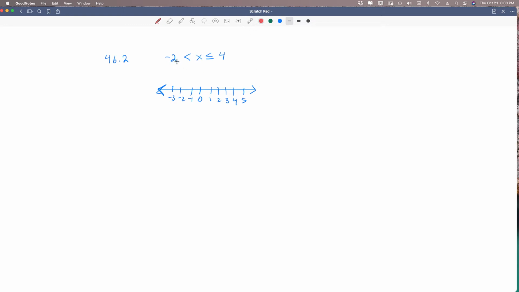So if -2 is less than x, we have to just draw a circle around it. And we want to go this way. Well, x is less than or equal to 4. So we circle 4, but because of this equal, it can also be 4. And we want to go this way until they meet in the middle. And that's how we would graph that.